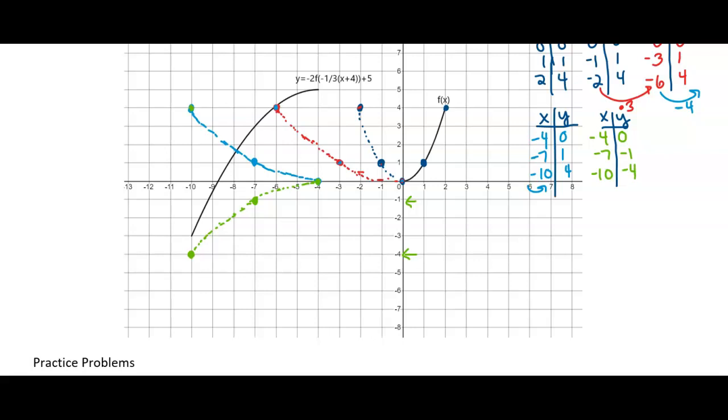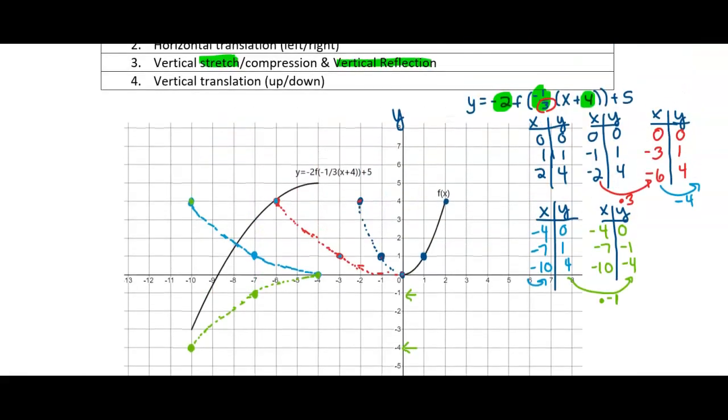What happened there, with our y values, is just like multiplying by negative 1. Think of taking each of those values and multiplying by negative 1, and that flips them right over the x-axis. That's what we call a vertical reflection, because it changed vertically, it flipped over the x-axis.